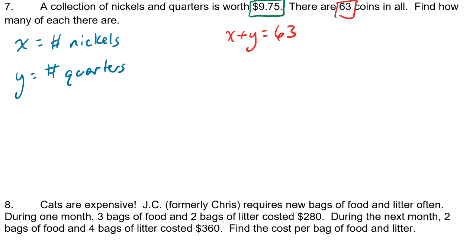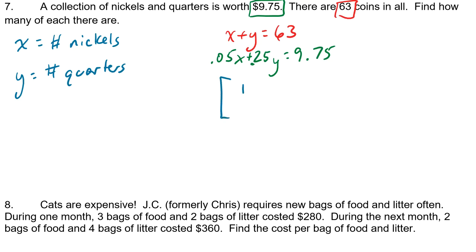Now, the other one is the money. So it doesn't actually give us any numbers, but we know that a nickel is worth 5 cents, so 0.05x. We know that a quarter is worth 25 cents, so plus 0.25y. And that's going to be $9.75.